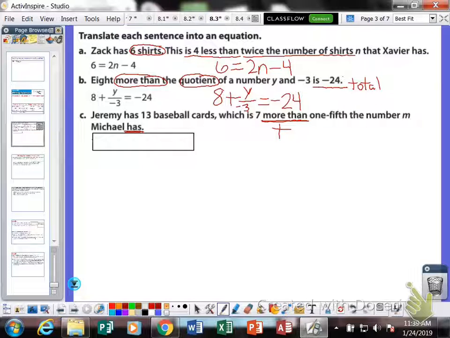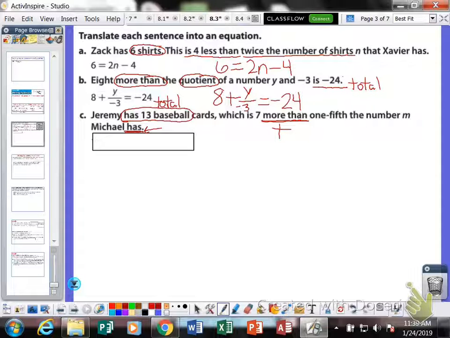Okay, I'm sorry guys, I screwed up here. It says up here, has 13 baseball cards. That represents our total, so forget what I said earlier. Has 13 baseball cards is our total.